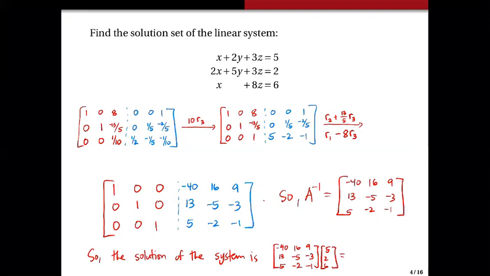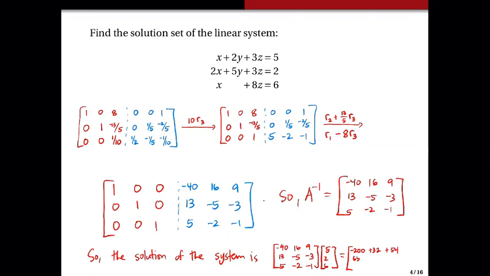And let's just do the multiplication here. We have negative 40 times 5, that's negative 200. 16 times 2 here, so that's plus 32. And then 9 times 6 here, that's 54. Okay. For the second entry, 13 times 5 here, what is this? 65.